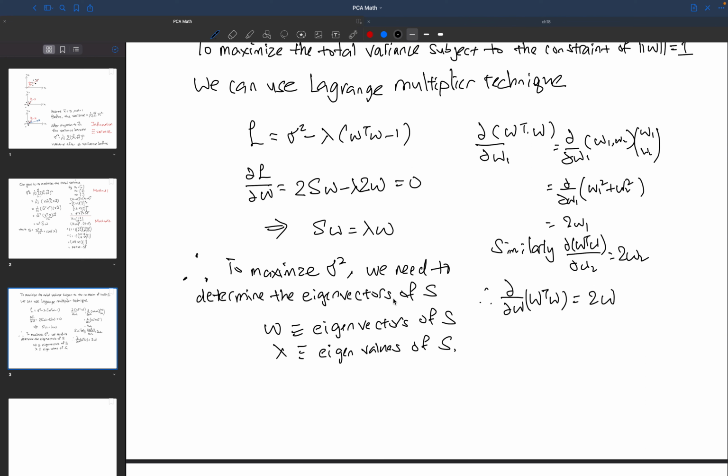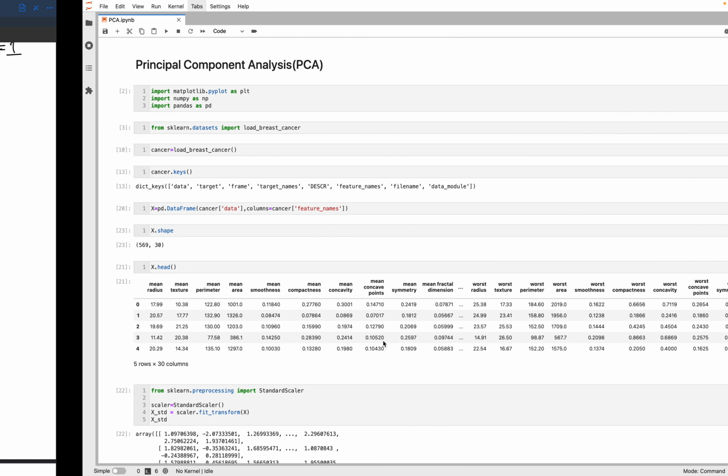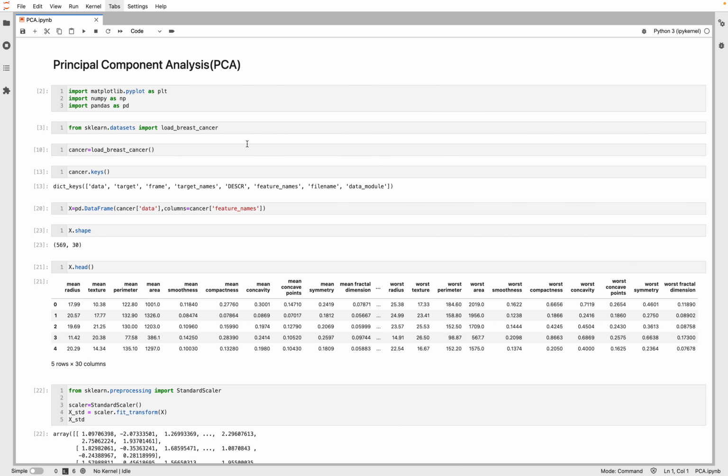Next, we will move to Python to compute the eigenvectors and eigenvalues manually, and then also compare them to the values from the Scikit-Learn library. First, we will import the necessary libraries, and let's take this breast cancer dataset as an example.